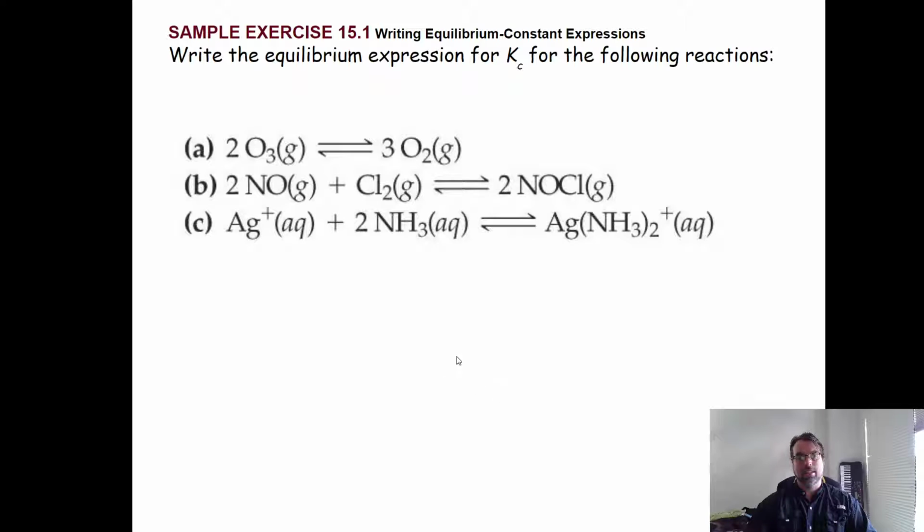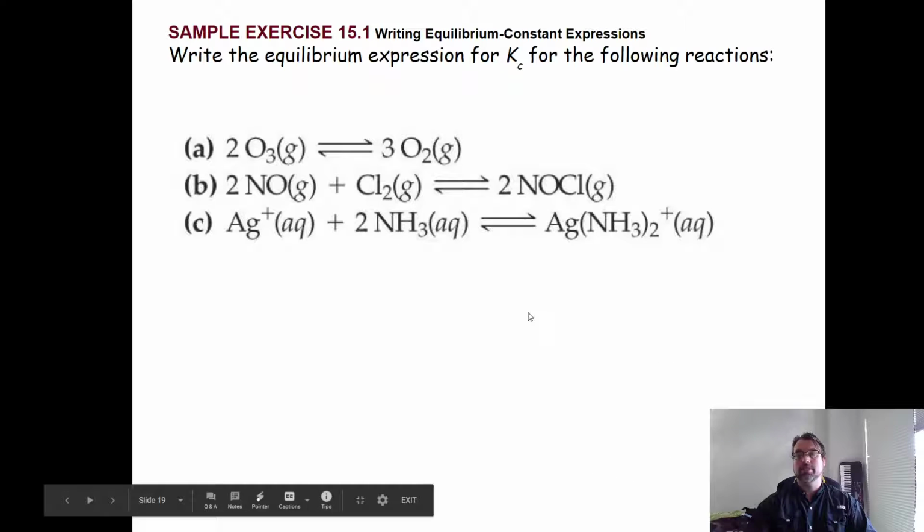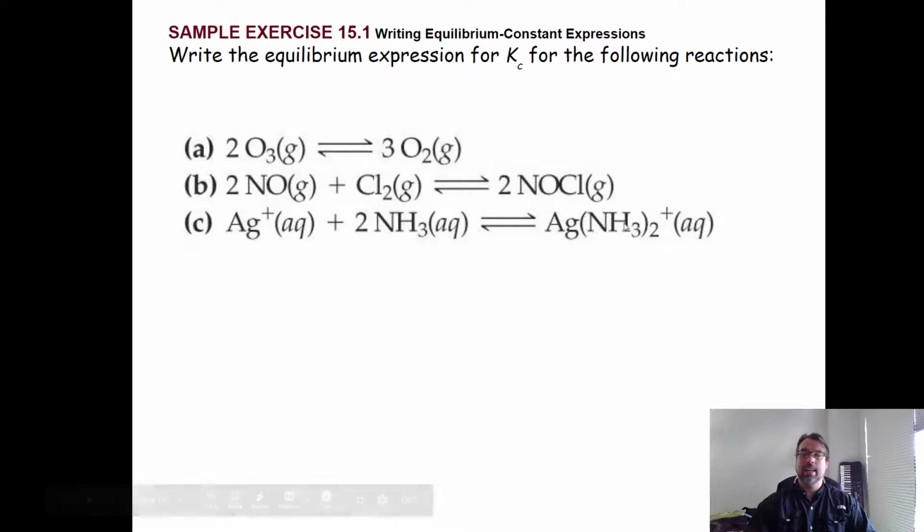NO2 will be on the bottom, in brackets, squared, and we'll have it with Cl2, which will also be on the bottom in brackets, all over NOCl, which will end up being squared. Ag+ is going to end up being on the bottom with NH3 squared, all over Ag(NH3)2+.